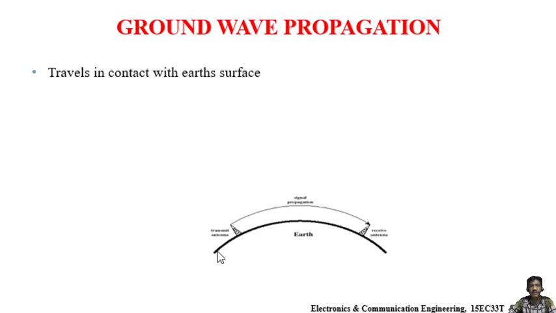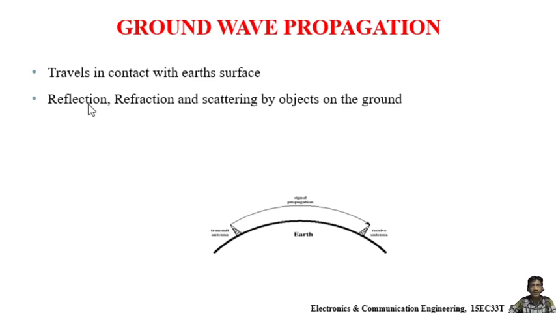If the earth were a straight line, the wave propagating from the transmitting antenna to the receiving antenna would be a straight line. So it travels in contact with the earth's surface. The next is reflection, refraction and scattering by objects on the ground.